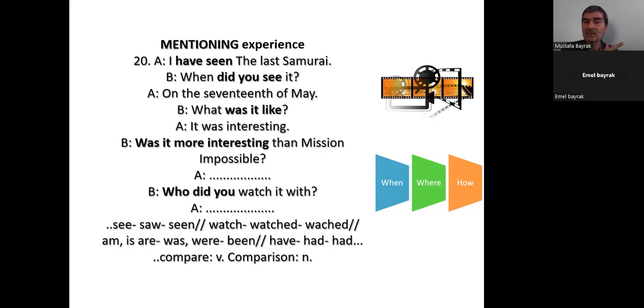I had it 3 months ago doesn't have a connection with the present. We talk about a story. It is in the past. But if I say I have had it for 3 months, it includes also the present. Okay, comparison.